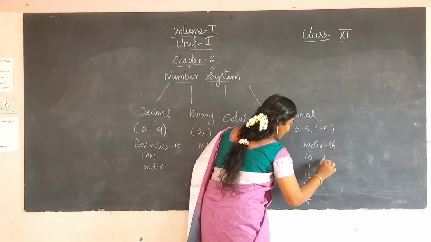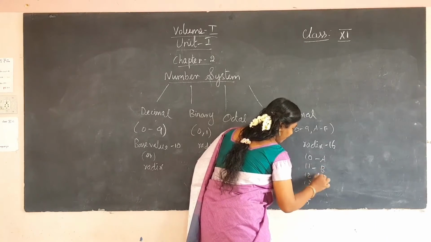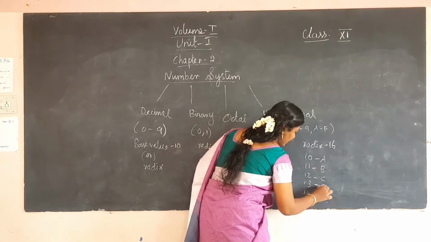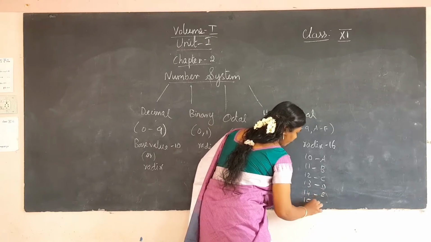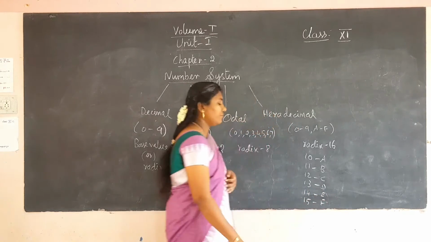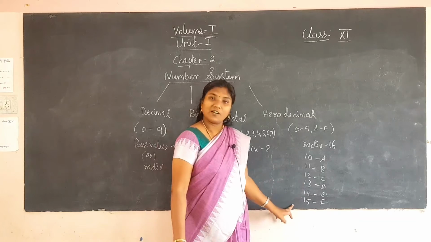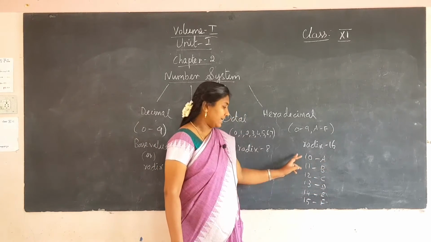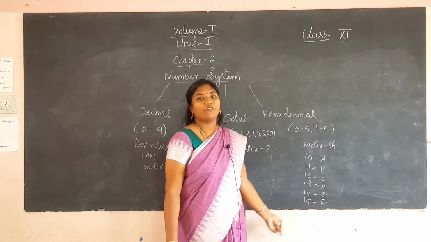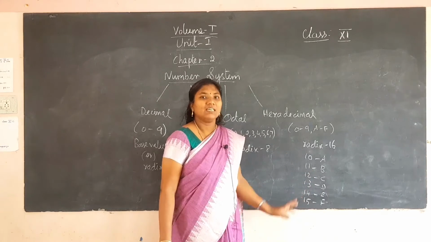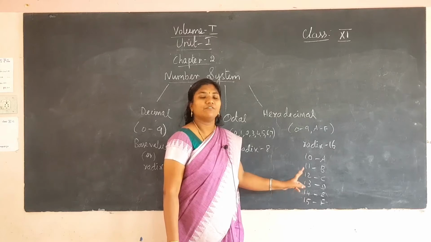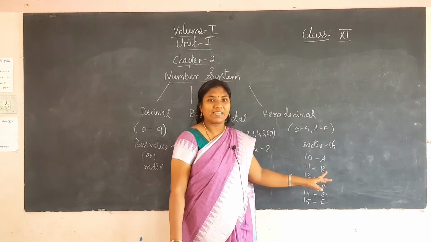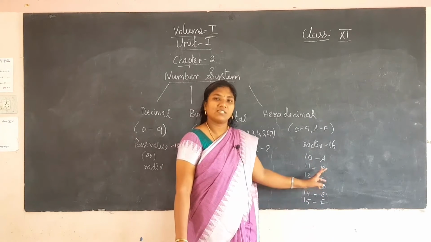So A represents 10, B is 11, C is 12, D is 13, E is 14 and F is 15. These are the alphabets for the digits 10 to 15, so 6 characters.